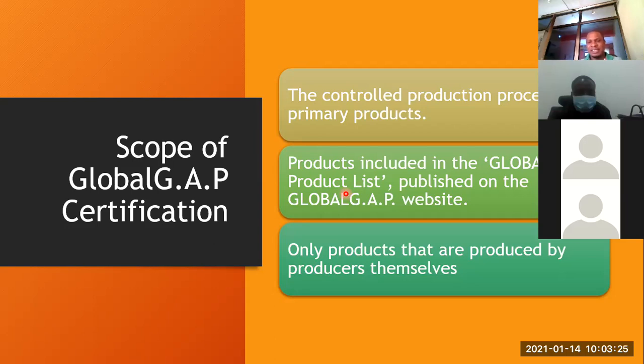The product list is in the document center of the GlobalGAP website. So you can go there and search for it and check. And then whatever product is being certified must be produced by the producers themselves. So GlobalGAP does not certify somebody who goes for somebody's produce and sells. In this case, we are talking about middlemen and all of that. So this is the scope of GlobalGAP certification.